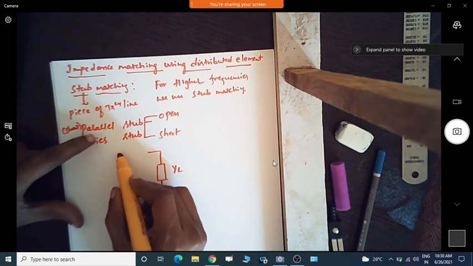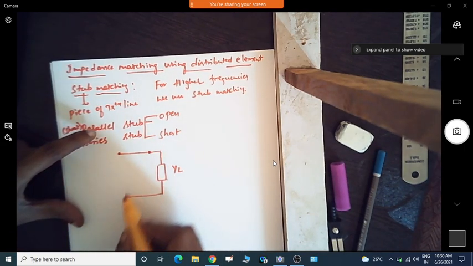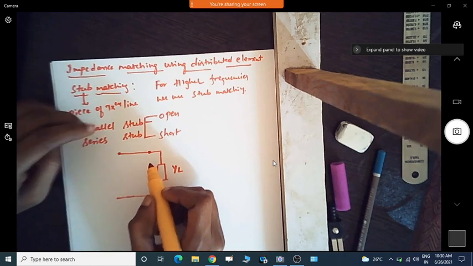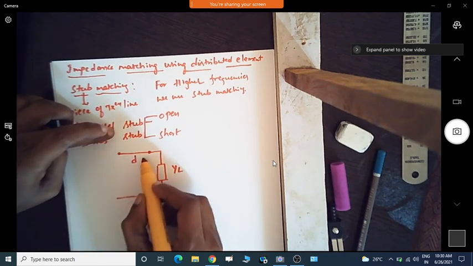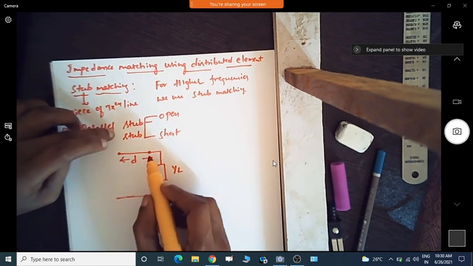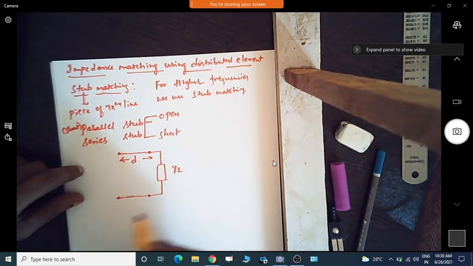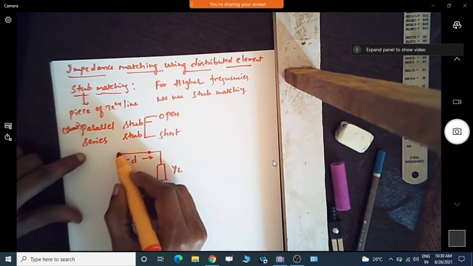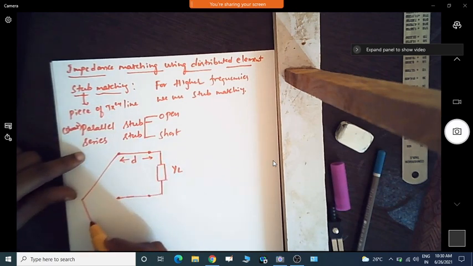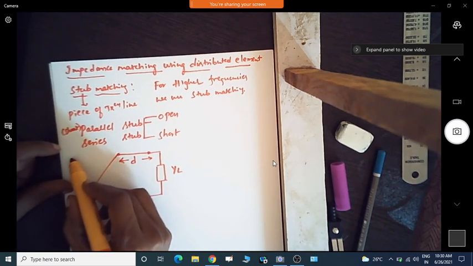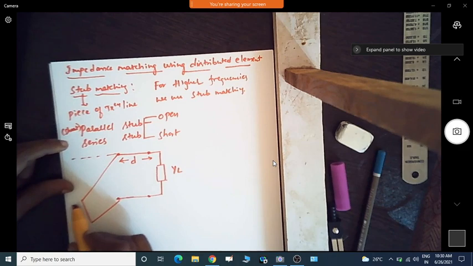Now we have a transmission line connected at a distance of D from the load, and at this point I connect a short-circuited stub or open-circuited stub based on my requirement.